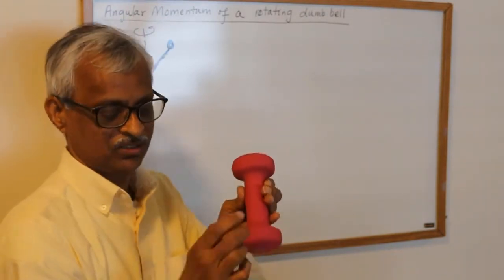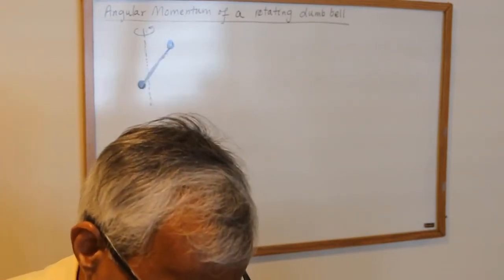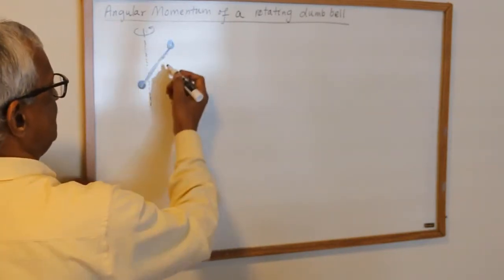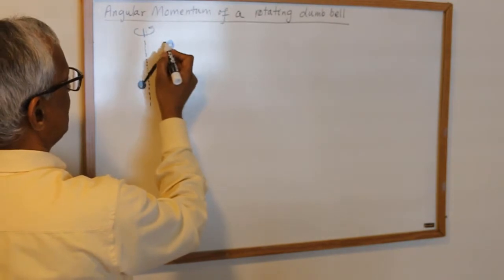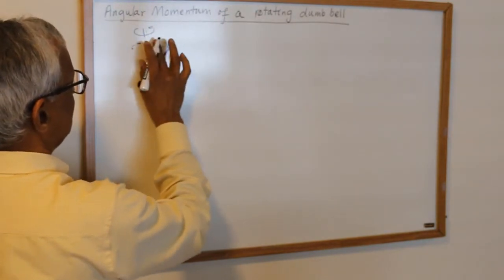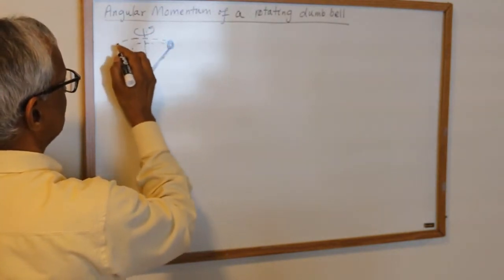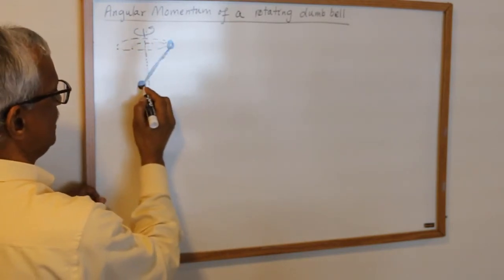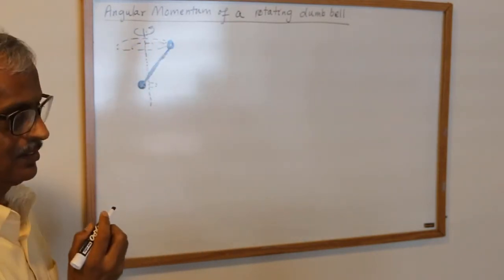Each part will go in a circle, but I'll just ignore that. That's just a simplification. Later on we can do a more complete calculation, but right now I'm going to ignore that, and this one is going in this little circle.